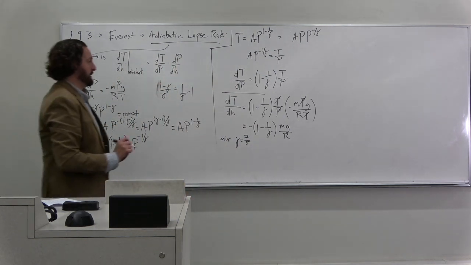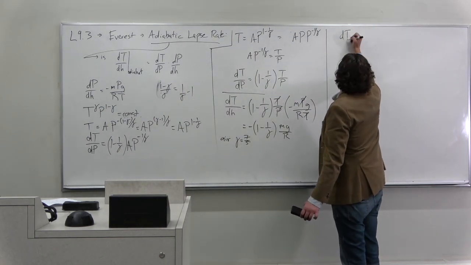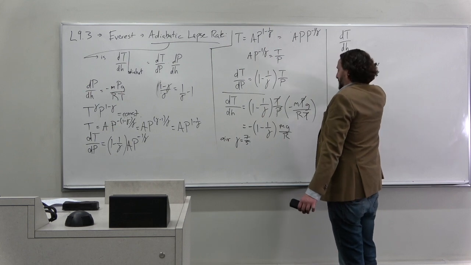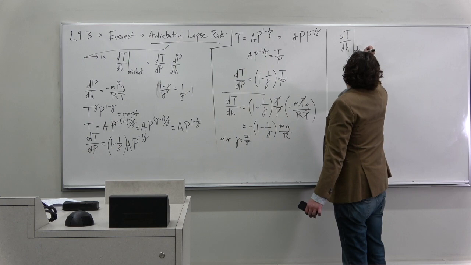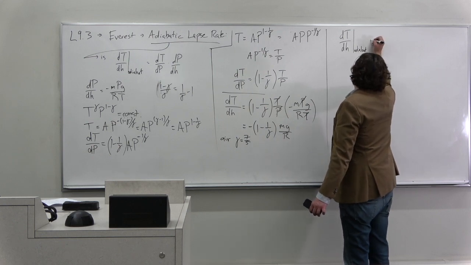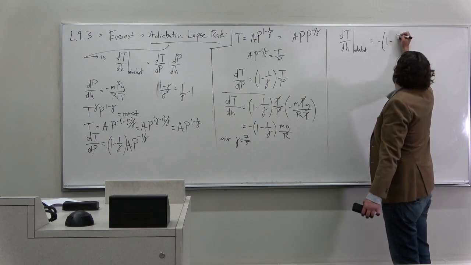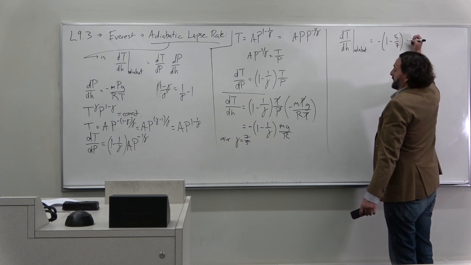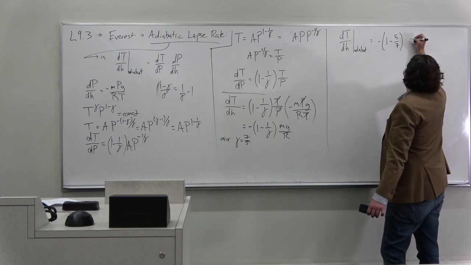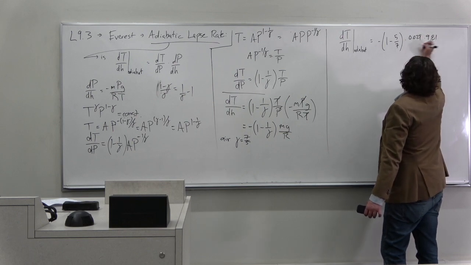So dT/dH for air, and let me just make sure I tell you that it's adiabatic, is minus 1 over 5/7 times 0.029 times 9.81 over 8.314.